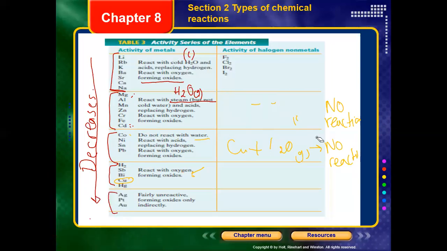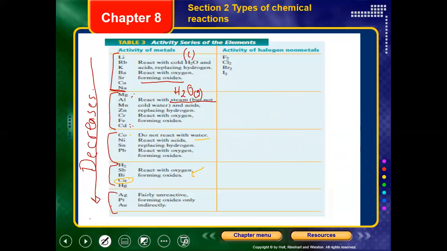Now, another note about the reactivity series. For example, Al plus calcium chloride, aluminum plus calcium chloride.